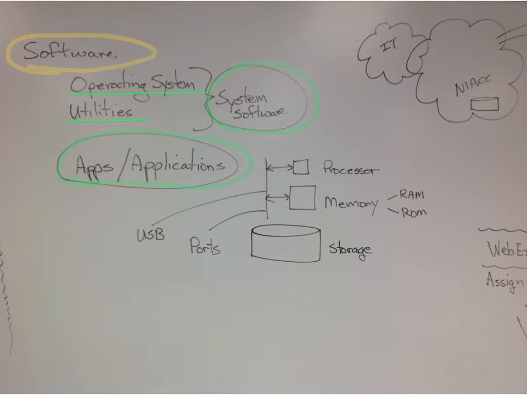What we've used that is like a utility would be Explorer, some type of file manager that you may or may not have used. We use it a little bit in some assignments to make folders under folders, to organize our files. That would be like a utility.